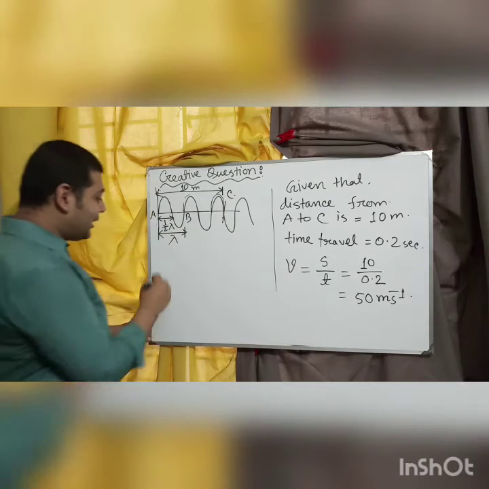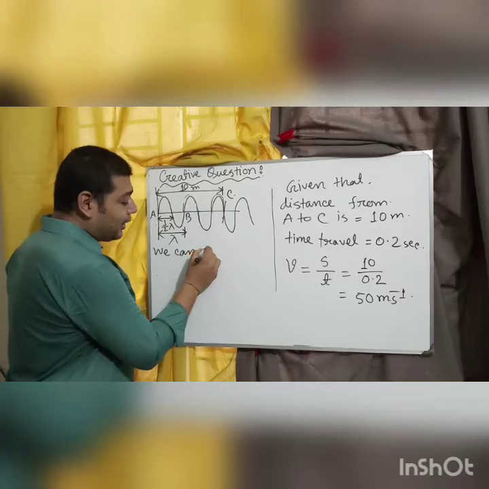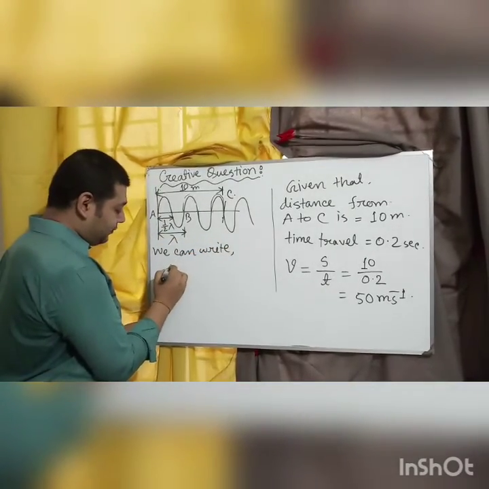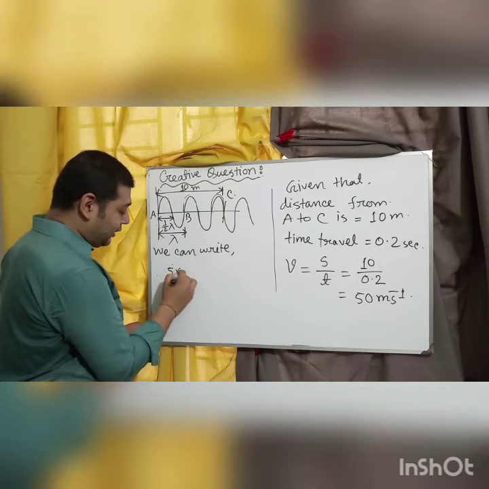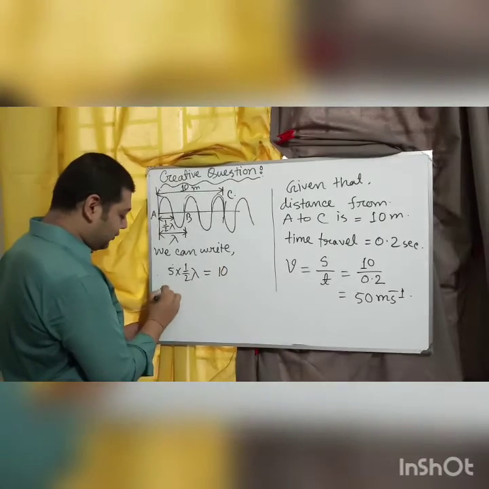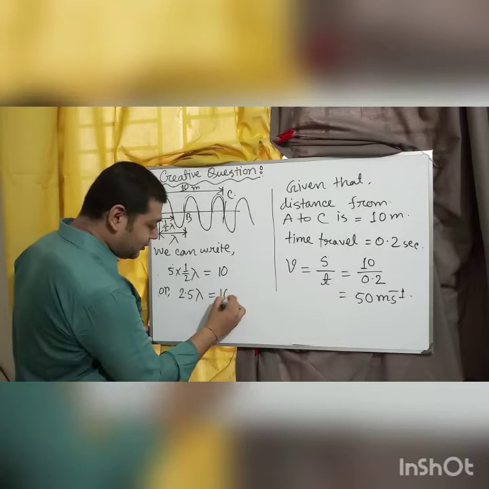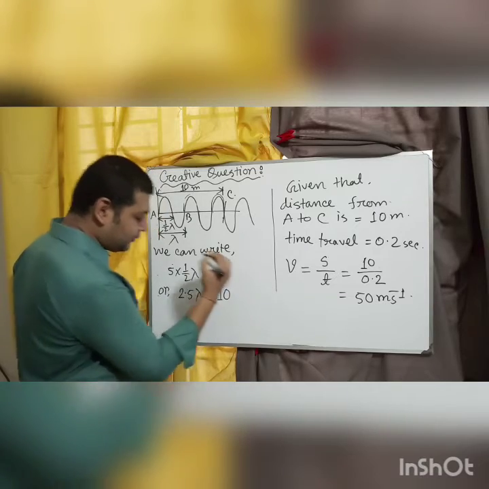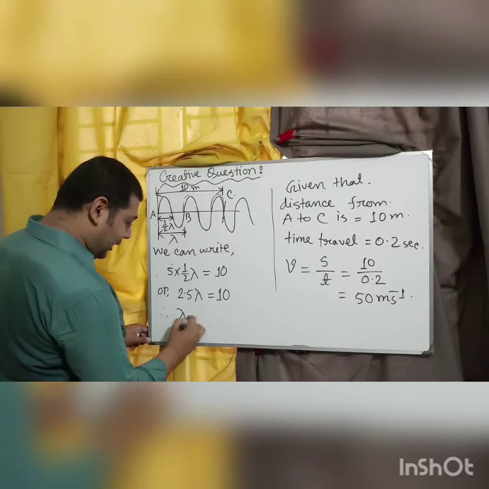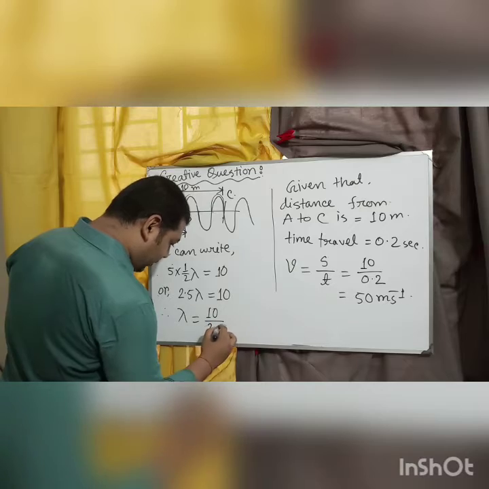So we can write 5 into half of lambda equals 10, or 2.5 lambda equals 10. Then lambda equals 10 by 2.5.